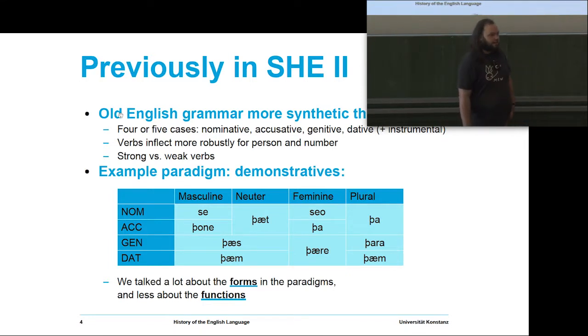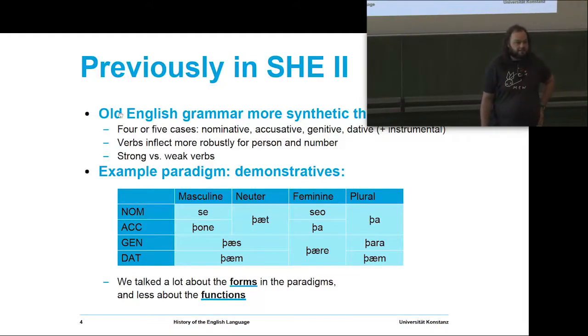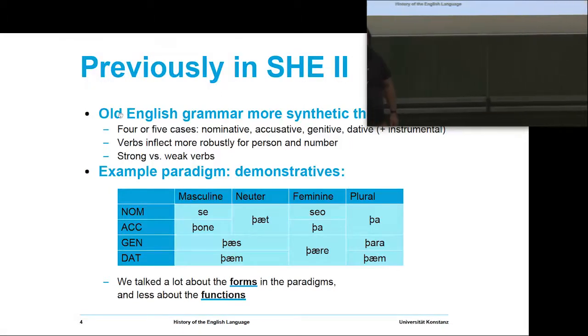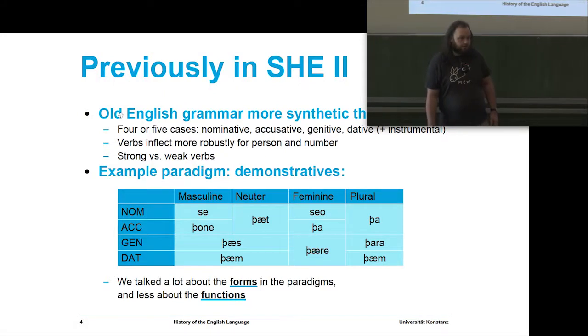Similarly, the verbs inflecting, well, we've still got that useful third-person singular S, that still enters into the picture in modern English, but it's the only bit that's left of a once much more robust system. And with the strong and weak verbs, there are many more strong verbs in Old English, and they're much more systematic in their behavior.